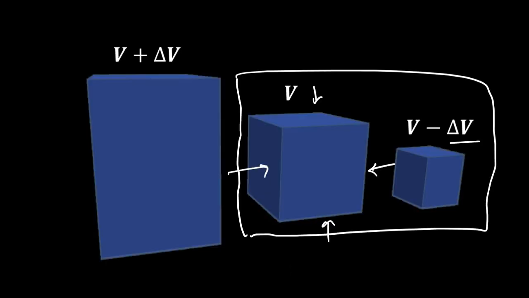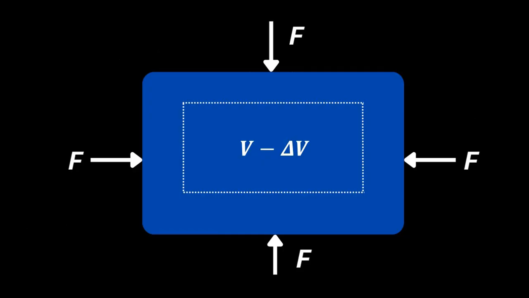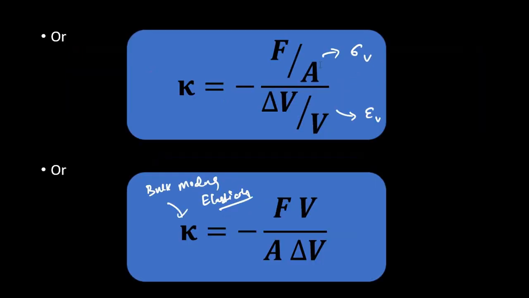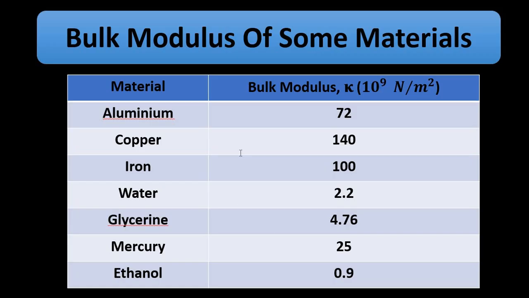The ratio, the constant, gives us the bulk modulus of elasticity, and it has this formula.